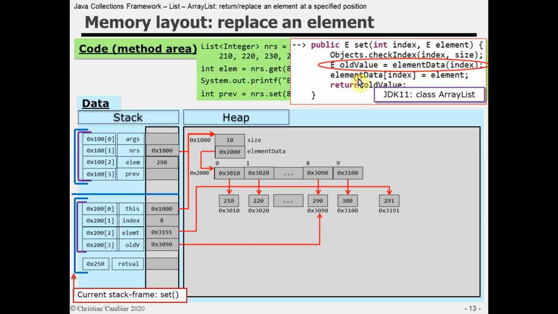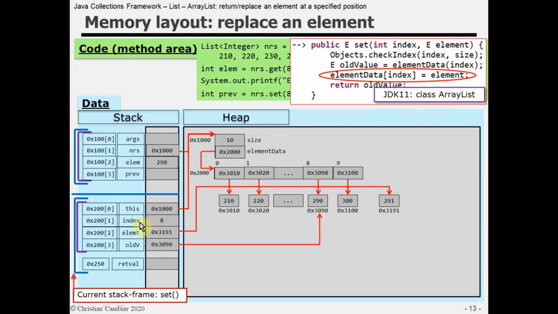After that, the core of this method, setting the element, replacing the element, the actual assignment of element at position 8. So let's see with the stack frame what is happening here. Element is here my reference to my new integer wrapper object. elementData, this is my data member, so this.elementData refers to this internal array.